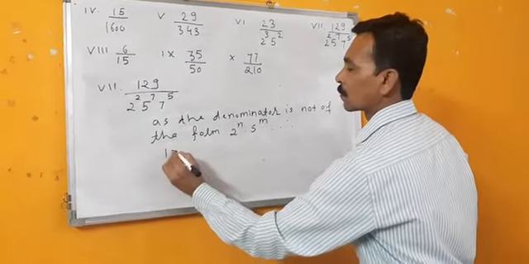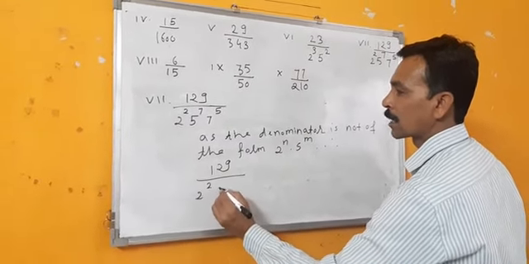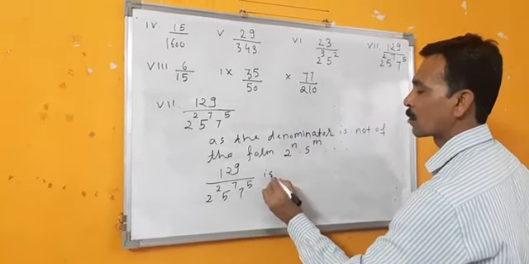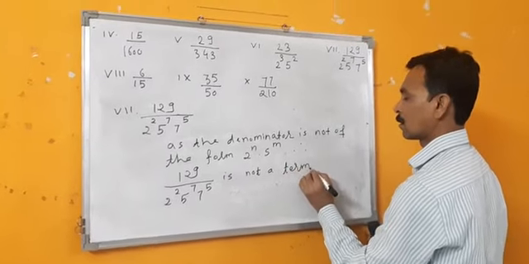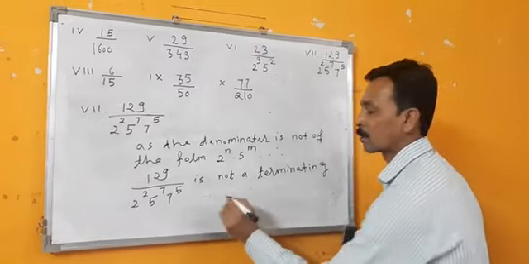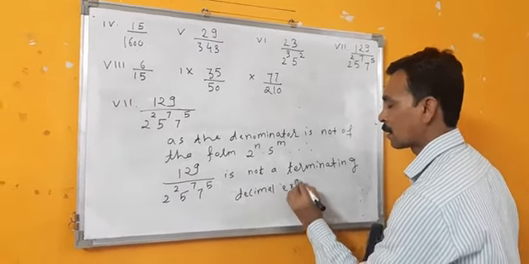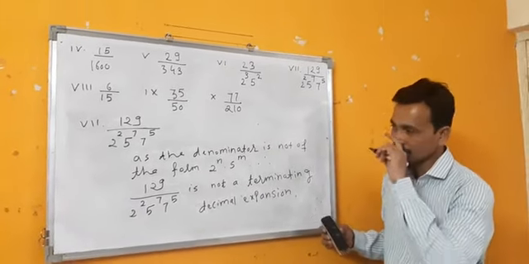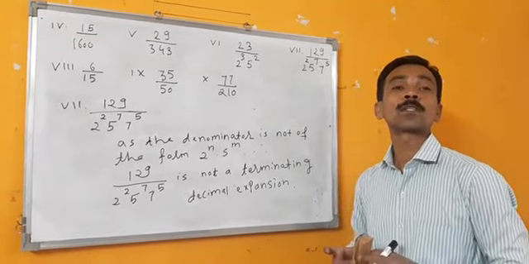Therefore, 129 upon 2 raised to 2 into 5 raised to 7 into 7 raised to 5 is not a terminating decimal expansion, right? Because denominator should be of the form 2 raised to n into 5 raised to m.